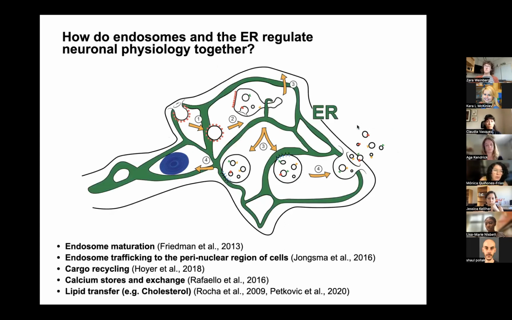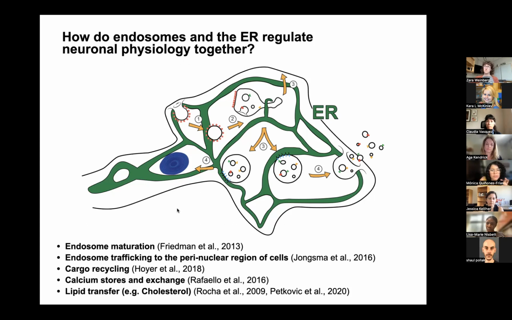Although the ER was traditionally thought to be involved in protein synthesis, work in non-neuronal cells has shown that ER-organelle interactions, such as with mitochondria, regulate a wide variety of functions. Here I'm highlighting what has been discovered about ER-endosome interactions.